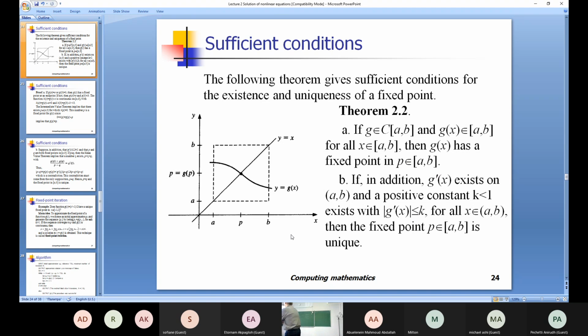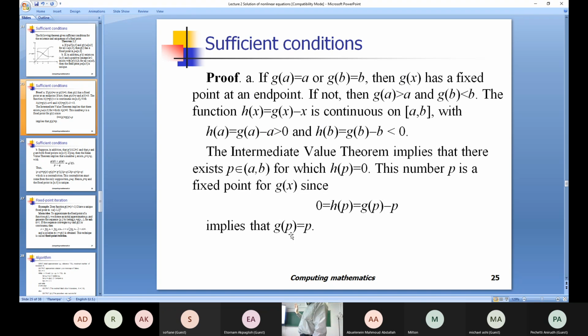This theorem formulates the sufficient conditions for existence and uniqueness of a fixed point. I just formulate and try to explain the meaning of this theorem without proof.